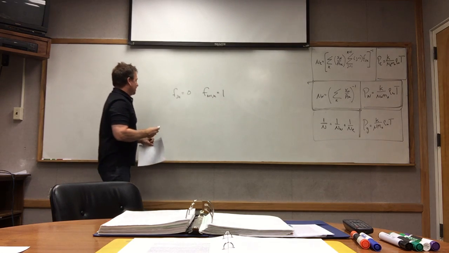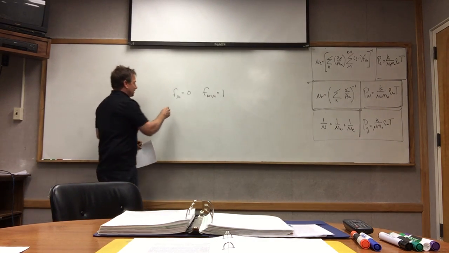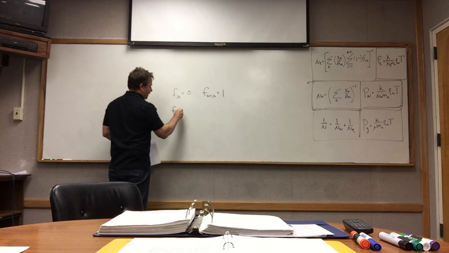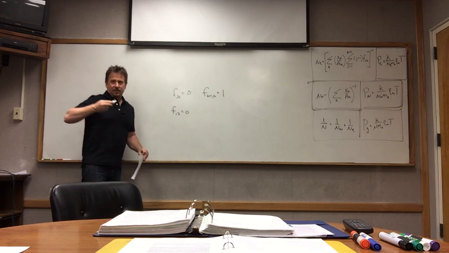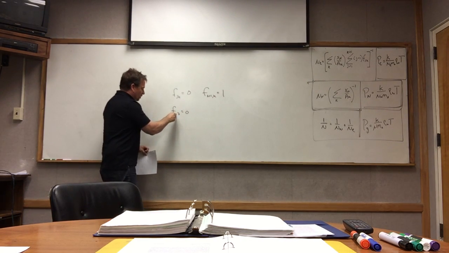Okay. Let's say this is lithium. That's K equals 3. F13 equals 0. Okay. There is no neutral lithium.